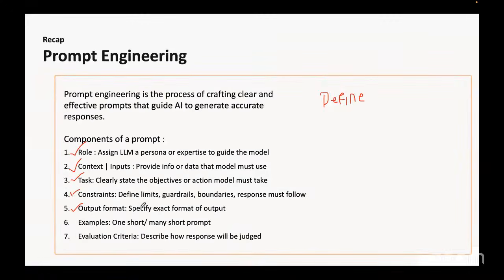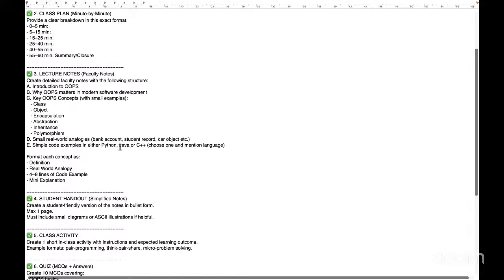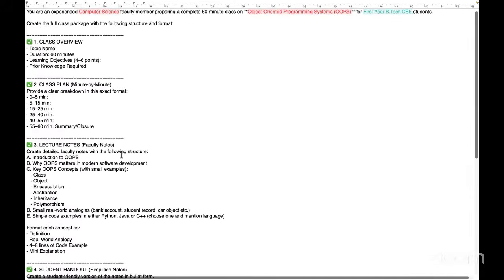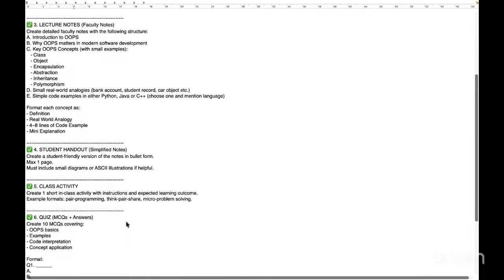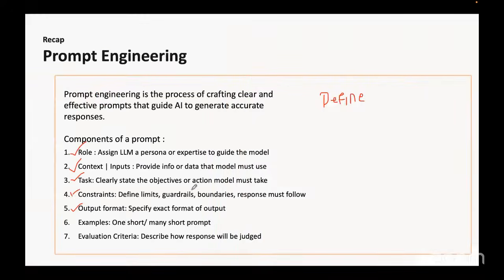This is a constraint. How many of you agree? Output format, everything that we have noted in between to a certain level is output format, correct? Yes. So the examples are not there and evaluation criteria are not there.